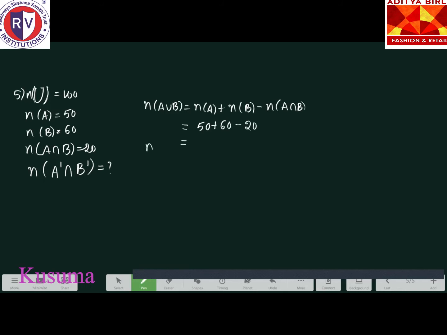Upon solving this, we get N of A union B is equal to 90.